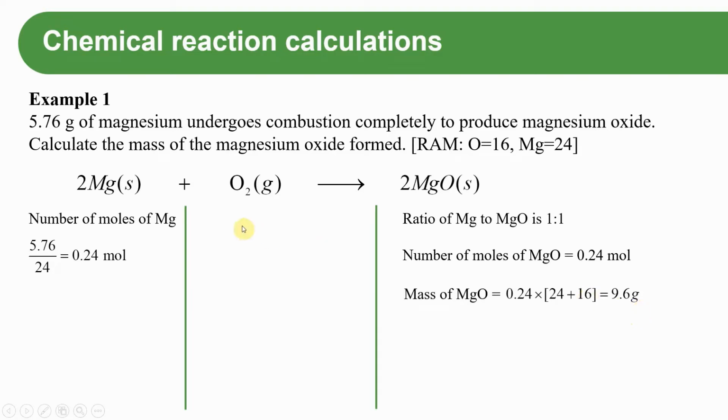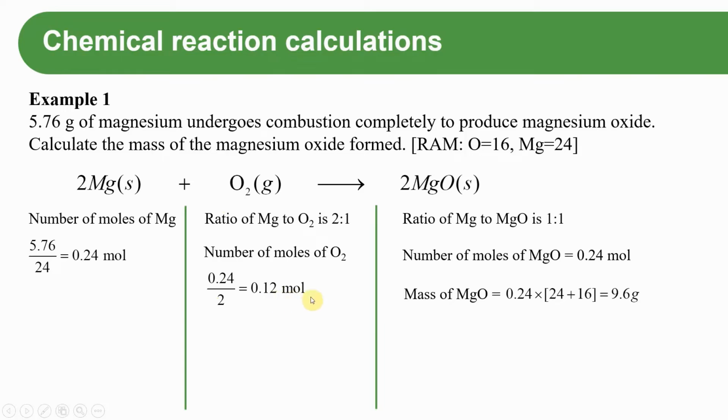How about oxygen? Let's look at how much oxygen we need for this chemical reaction. By comparing, the ratio of magnesium to oxygen is actually 2 to 1. Right? So once we have the ratio, we can find the number of moles of oxygen, which is 0.24 divided by 2, which is 0.12.